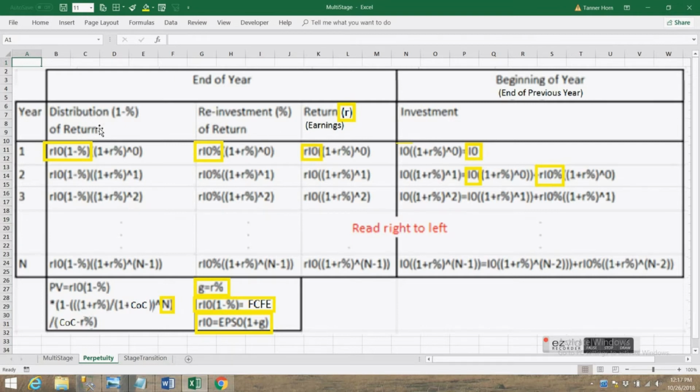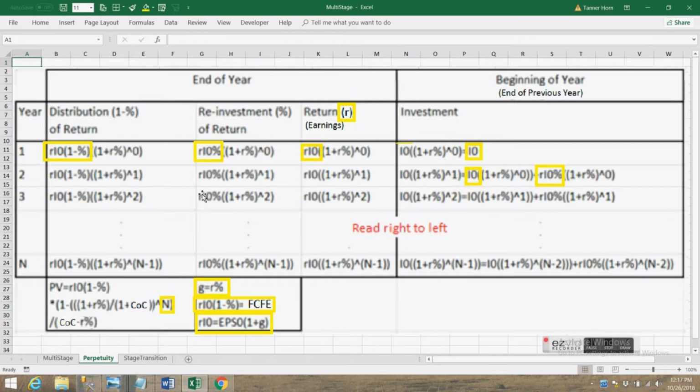And you just continue doing that year over year over year, and you end up with this geometric progression in each column. If we look at the leftmost column, the distribution, you can now do a present value, assuming some cost of capital, of all these distributions for the first n periods. And typically a period is a year. So now these n years become known as a stage.